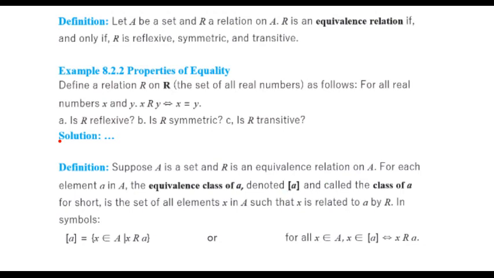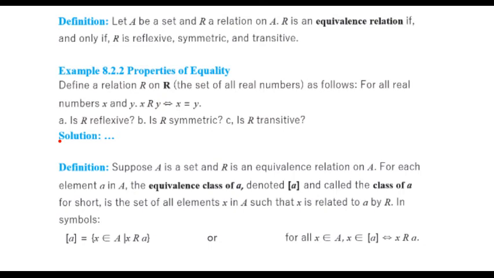Or symbolically, we can say the class of a is equal to this set builder notation, the set of all elements x belonging to A such that x is related to a by R. Or we can say for every element x in A, x belongs to the class of a if and only if x is related to a, correct?